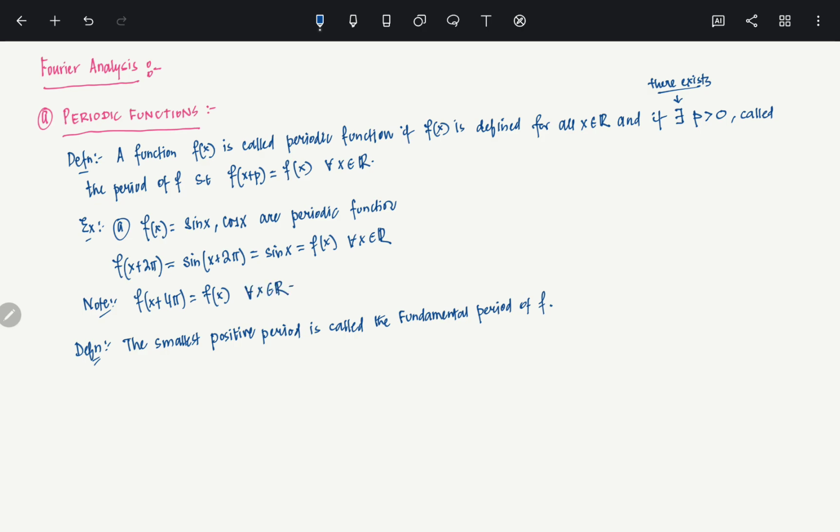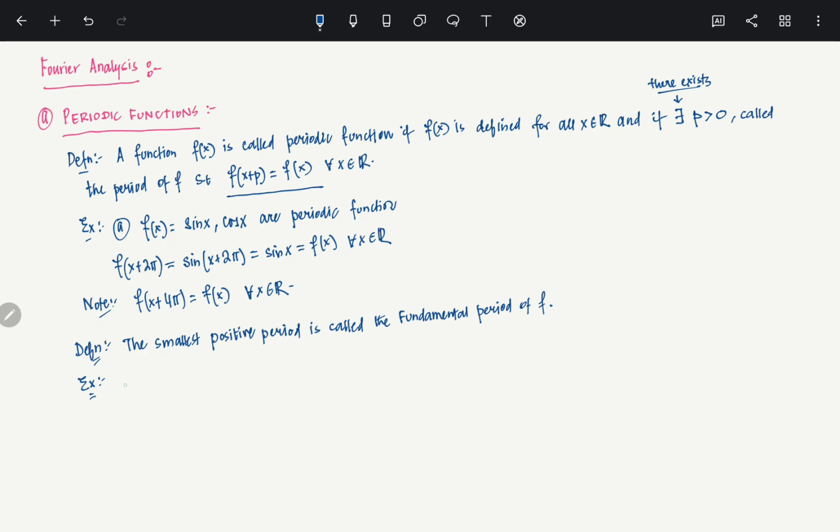Now, what do we have? You have a periodic function if f of x plus p equals f of x for all x in R, and p is called the period. Of course, if p is the period, 2p is also going to be a period. Again, this is a small exercise, so please look at this.